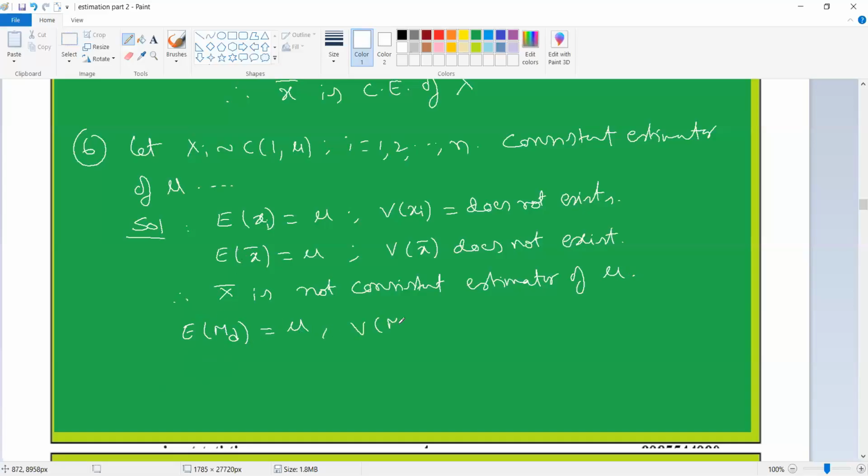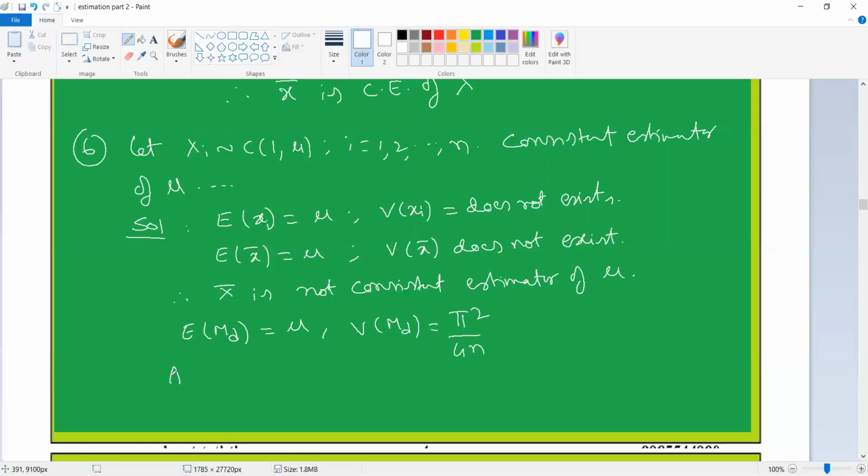So variance of MD, using a systematic procedure, variance of MD is pi square by 4n.